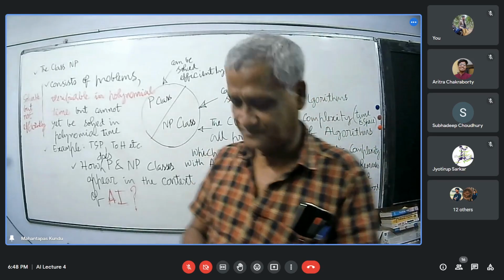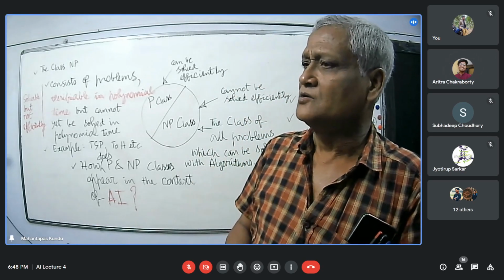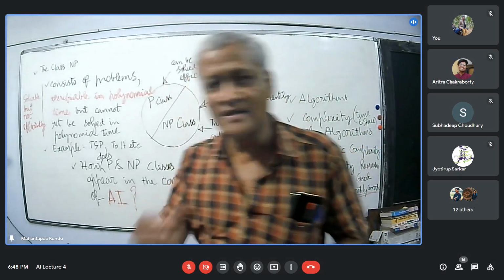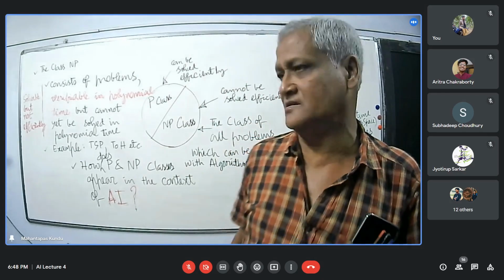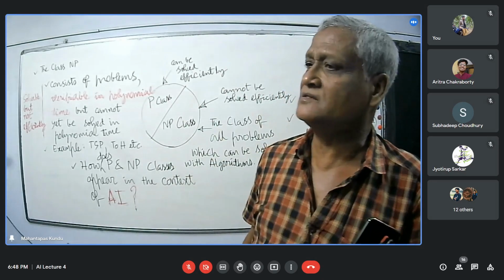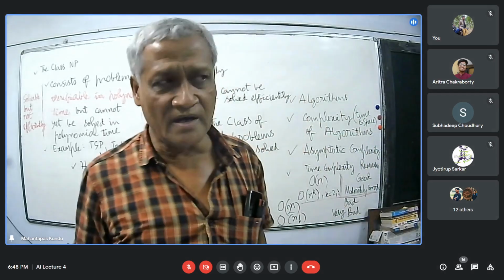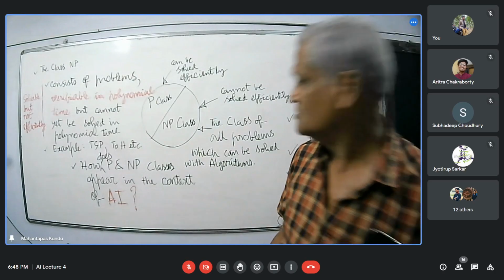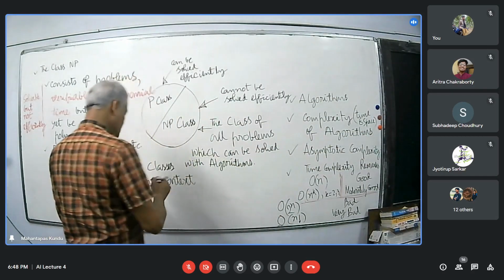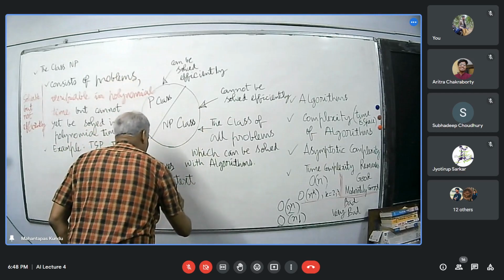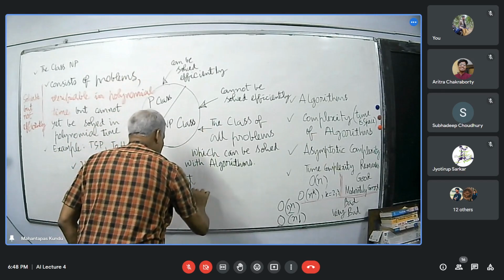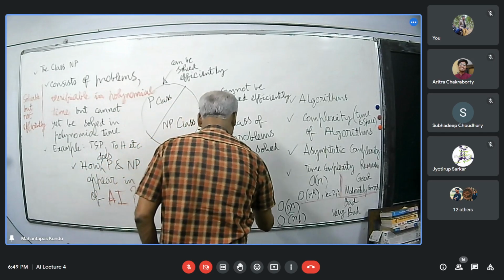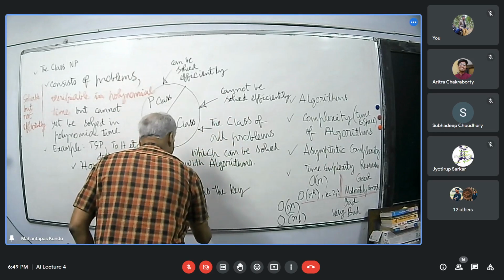Right? Now what is the key to intelligence? Knowledge is the key to intelligence. Unless one has knowledge, he or she cannot act intelligently. So, knowledge is the key for intelligence.